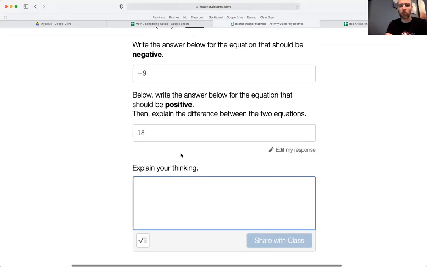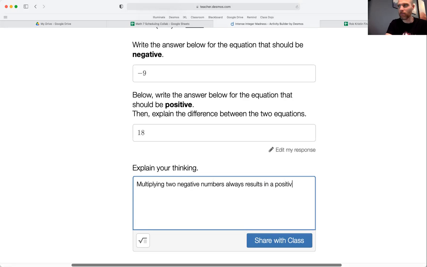I don't know why it's not letting me type. There we go. Multiplying two negative numbers always results in a positive product. The product is the number you get when you multiply two numbers. So that's kind of like just saying you get a positive answer.